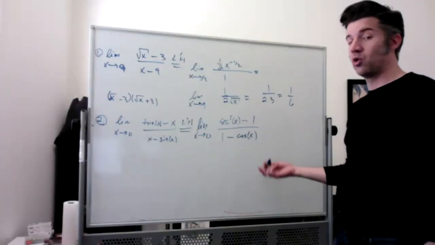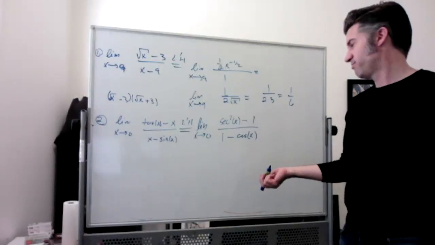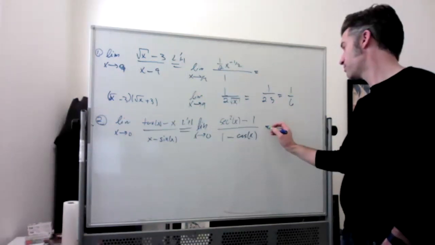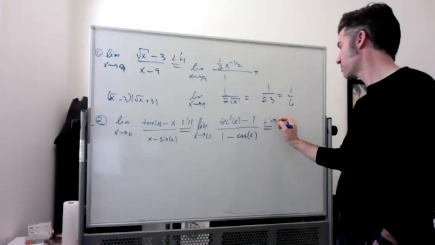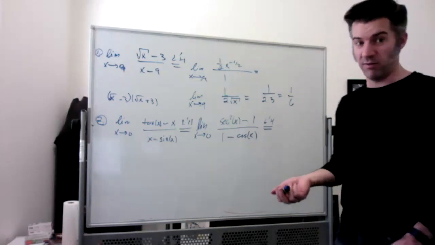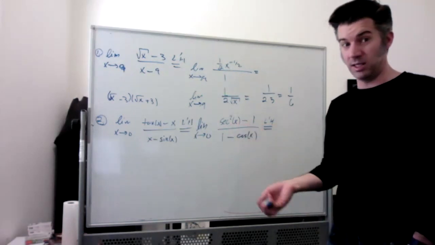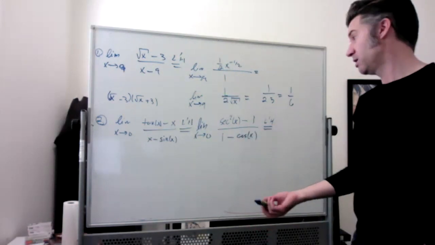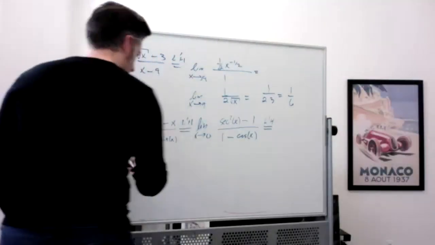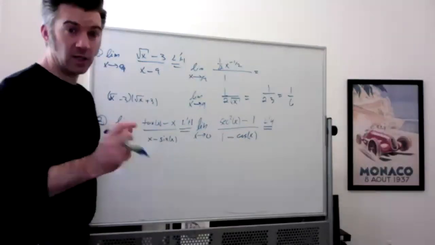I will point out you could use a trig identity here. It's probably not necessary. The trig identity I'm referring to is the fact that secant squared minus 1 is equal to tangent squared. That is a trig identity. But let's use L'Hôpital's rule one more time. So we have to be a little extra careful here.